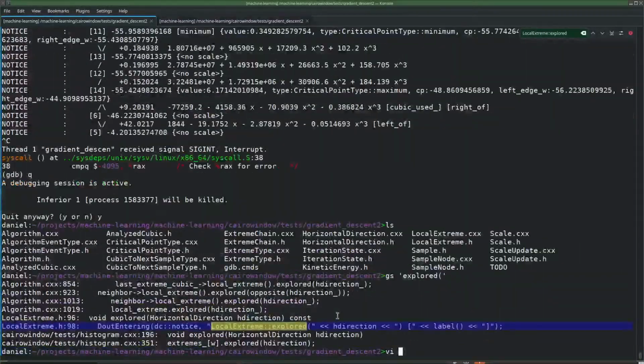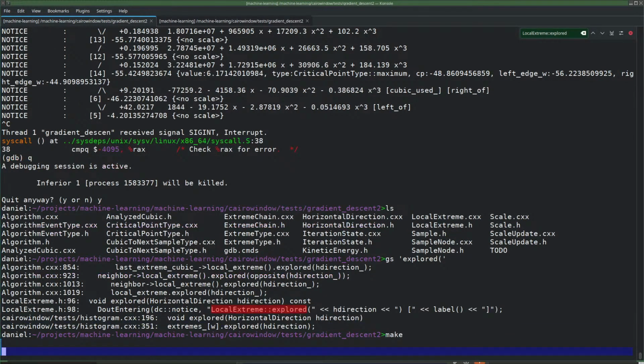Okay, so nothing was explored yet because we didn't find a minimum yet. So remake.